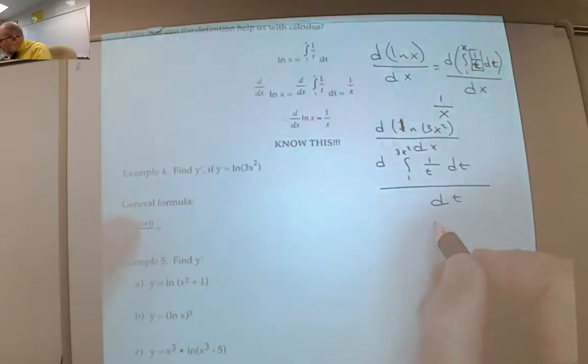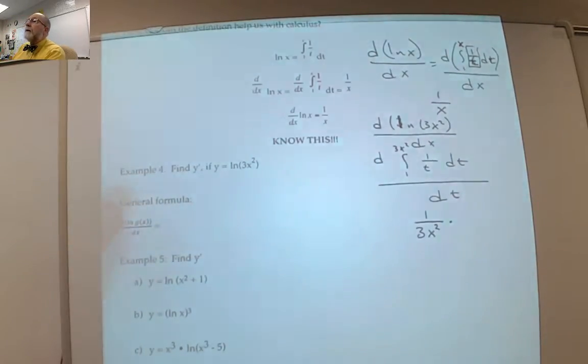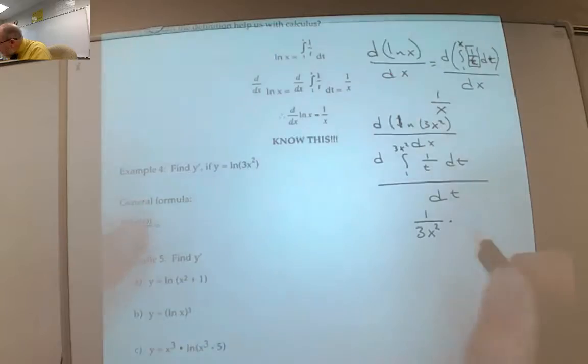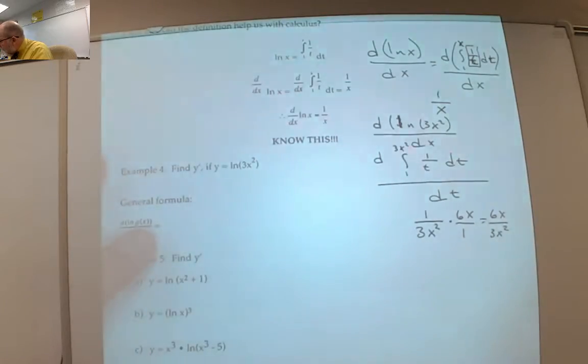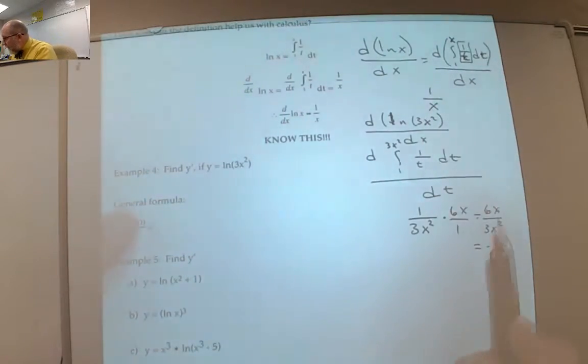And Logan, I'm going to get 1 over what? 3x squared times something. Do you know times what? Or you're not sure? 6x. Yes, 6x. And that's 6x over 1. And so I got 6x over 3x squared. And that can simplify. 3 goes into 6 2 times. This x goes over x squared to x is 2 over x. So the derivative of the ln of 3x squared is 2 over x.